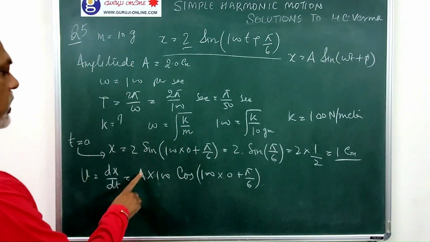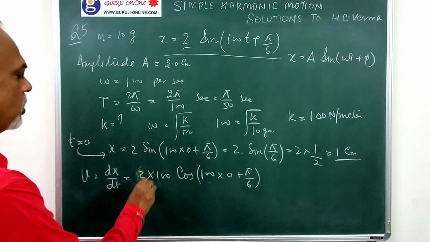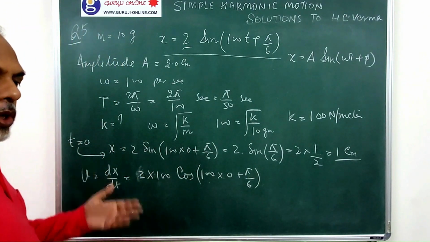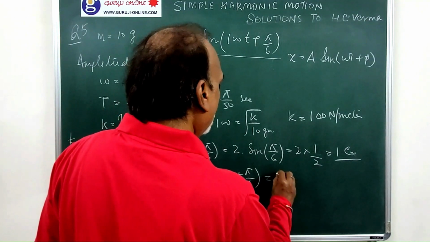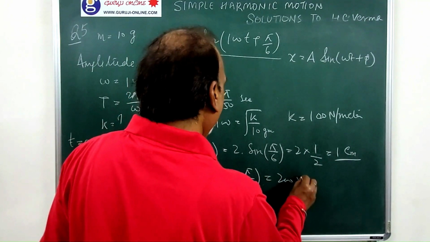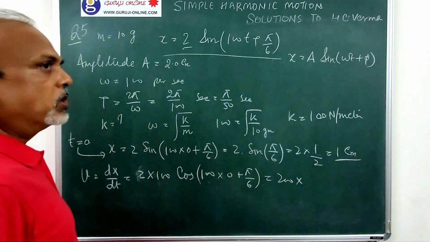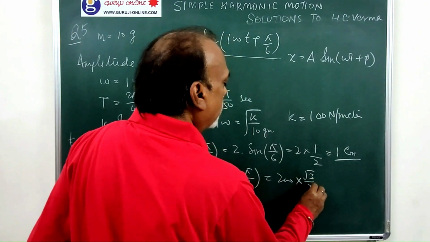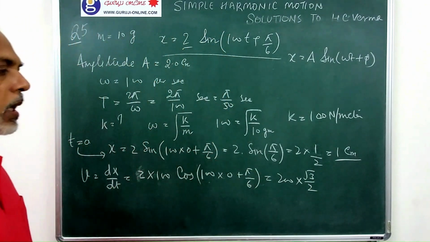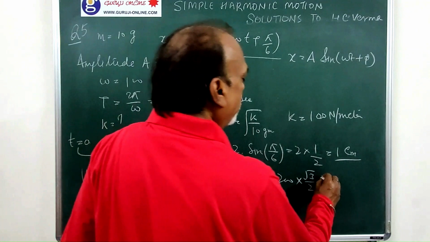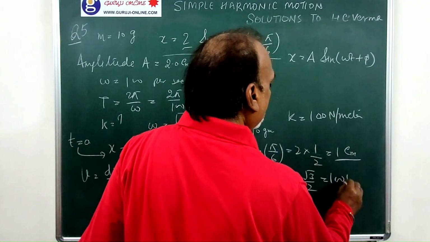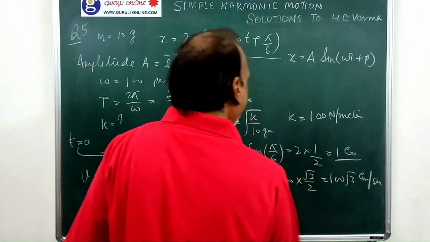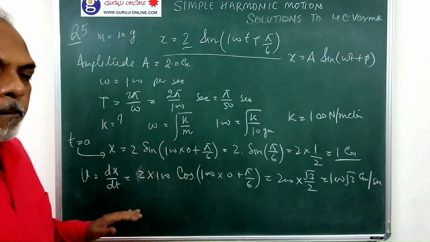Correct, A is here 2. So it will be nothing but 200 into cos pi by 6, which is root 3 by 2. Correct. So this will be nothing but 100 root 3 centimeter per second.